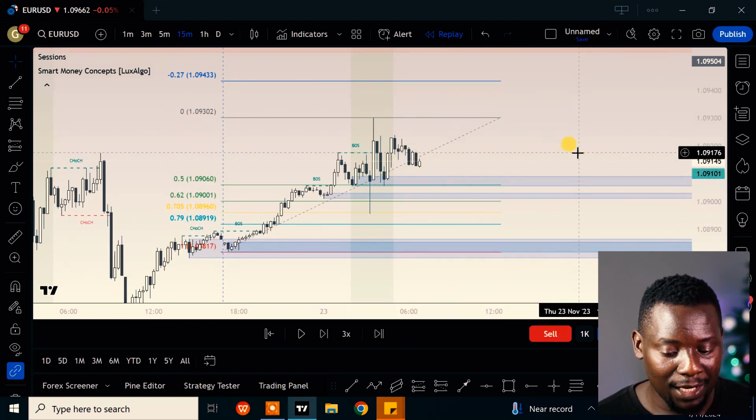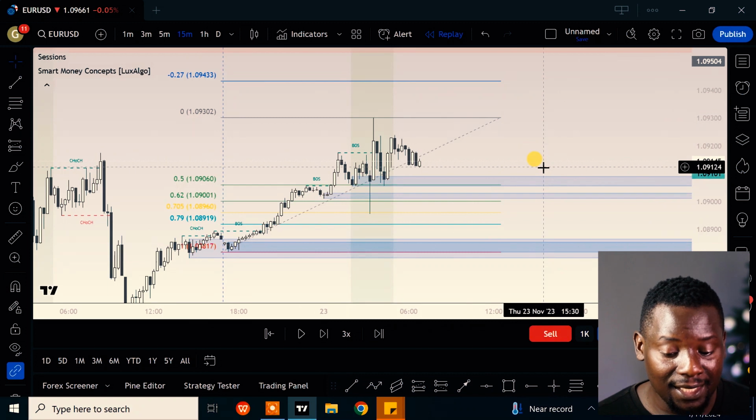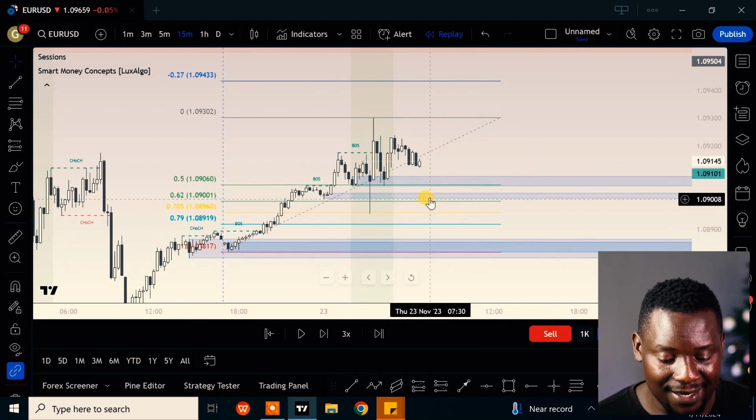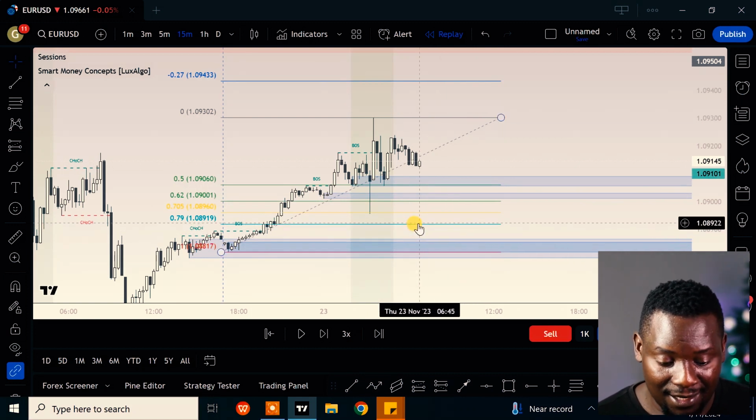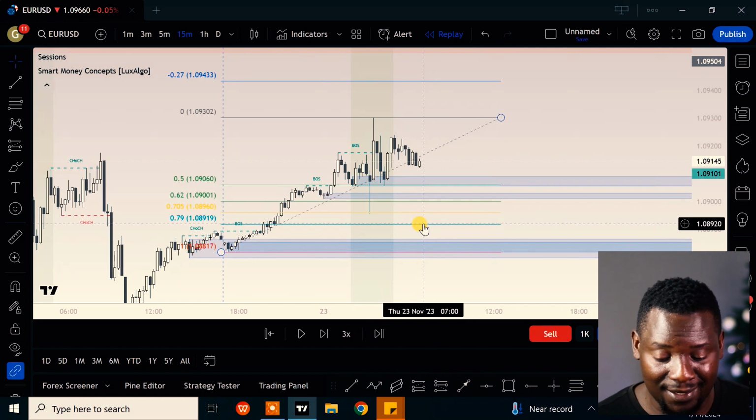So what am I looking out for? I'm looking out for price to come to these discount levels. But what I like to use is this particular level, 0.79, because with this strategy I found it works best with this level.